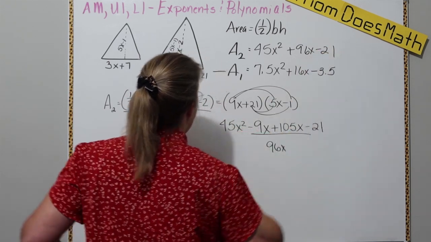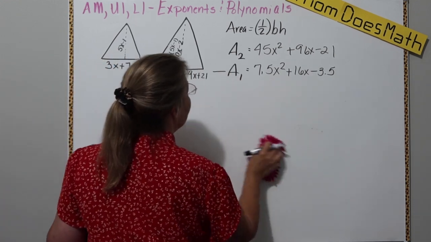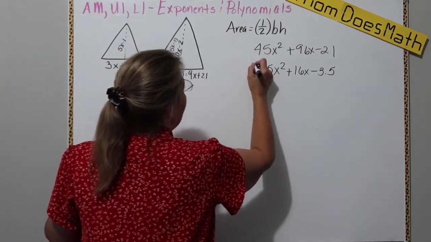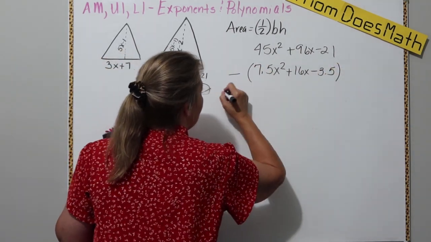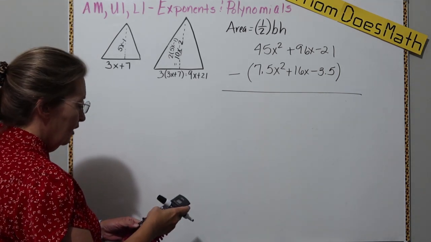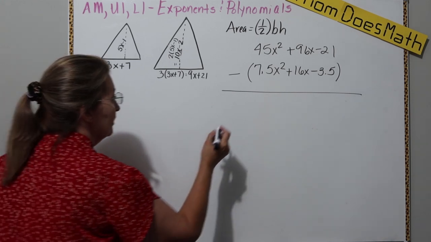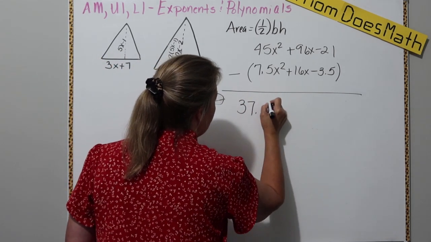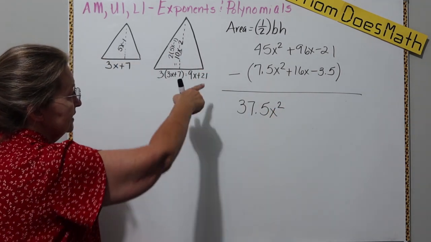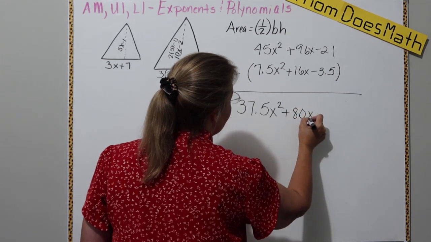Okay, now we just need to subtract, and what I'm going to do is erase that, and let's put this in parentheses, put a minus, and we'll just subtract straight down. So first of all, 45 minus 7.5 x squared gives you 37.5x squared. 96 minus 16 gives you a positive 80x.